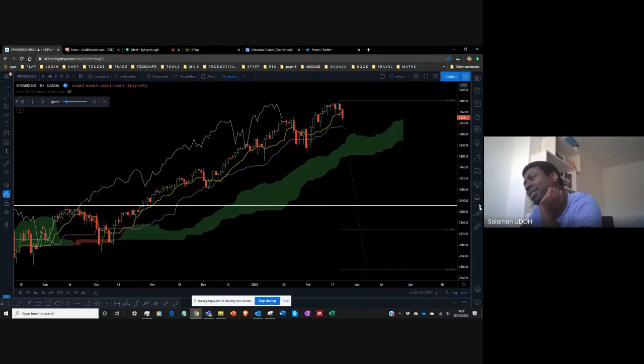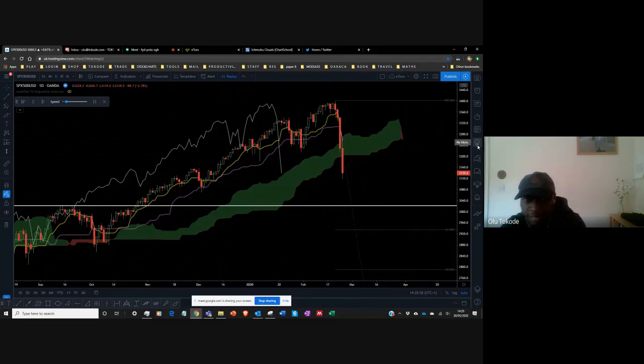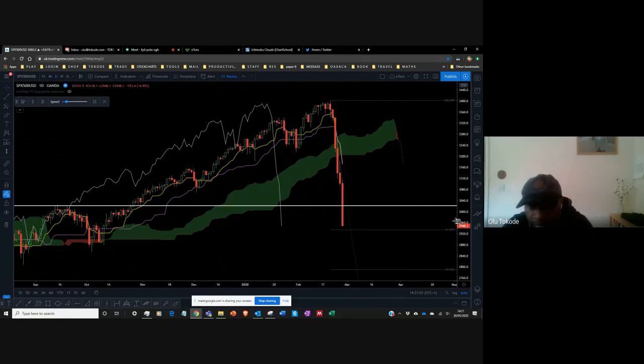So just keep watching. You can see price has come down, but it's still in the cloud. Now the yellow line is crossing here. Price has broken below the cloud. That's the first one. Look at this one, this lagging span has broken below the cloud.